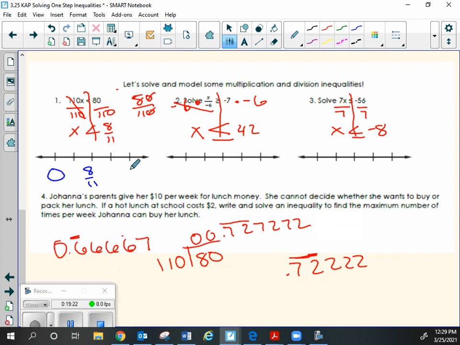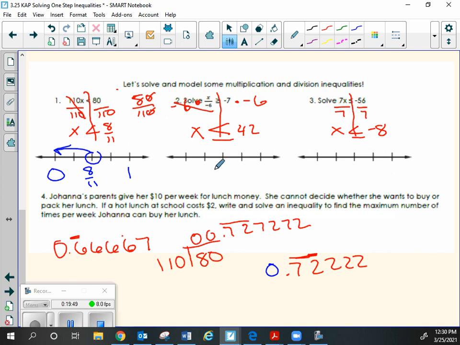It's between 0 and 1. Think about that, because 8/11ths is the same as this. It's more than 0, but it's less than a whole. It's not 11/11. That's just me being tricky and making sure you're like, oh yeah, that makes sense. Open or closed circle? Open. It cannot be equal to, and then it's going to be all values less.